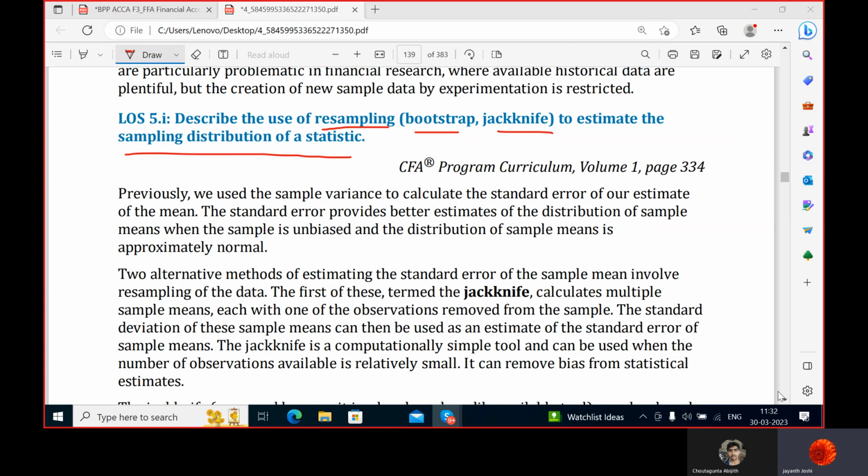So if we go with some example here, what is this statistic all about, Abhijit?